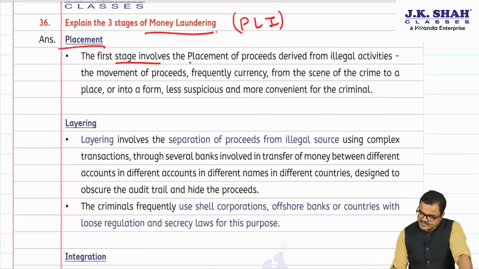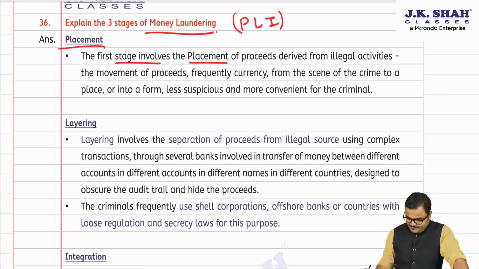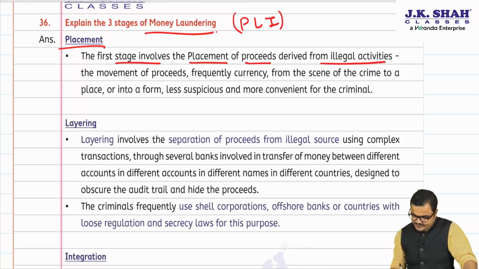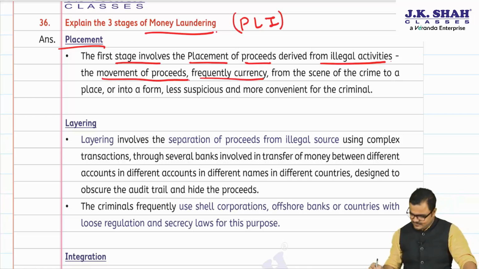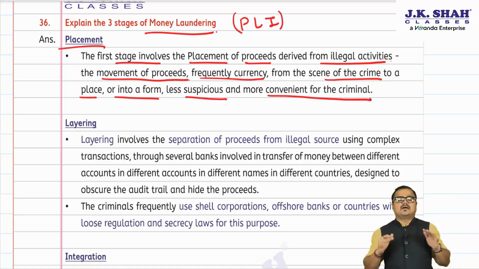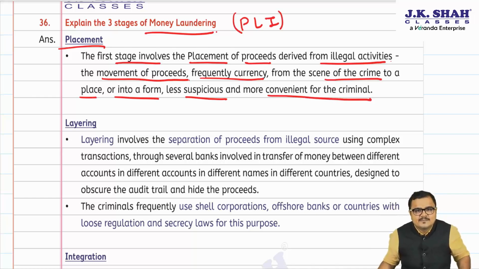Placement. The first stage involved in money laundering is placement. The first stage involves the placement of proceeds derived from illegal activities. The movement of proceeds, frequently currency, from the scene of crime to a place or into a form which is less suspicious and completely convenient for criminals.